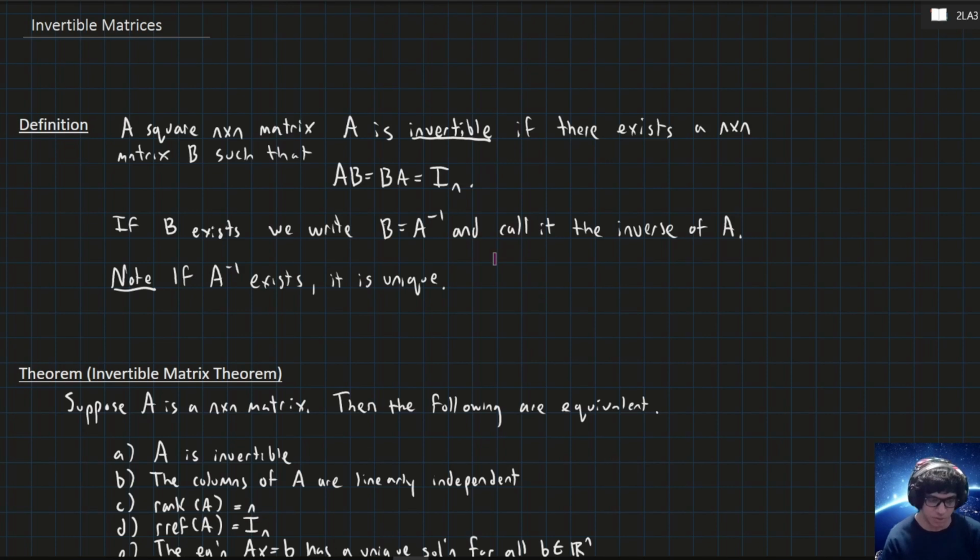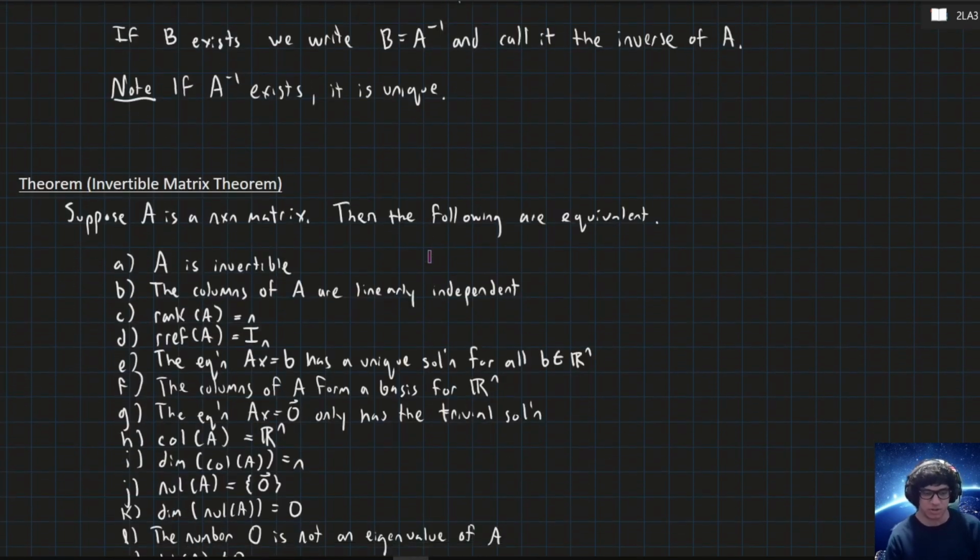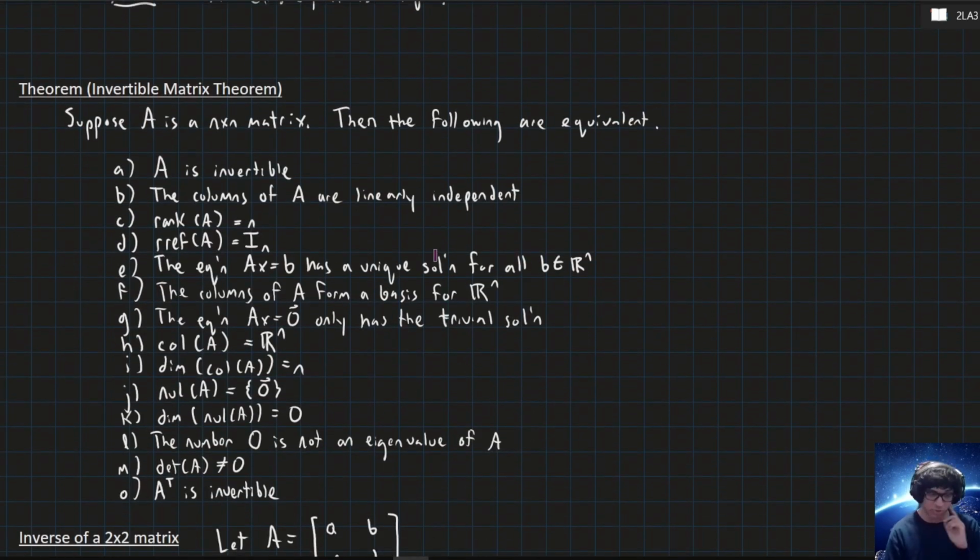Okay, so now we'll look at what's called the invertible matrix theorem. This is a theorem that thoroughly characterizes invertible matrices. It is a "the following are equivalent" type theorem, which means that for a matrix A, there are only two possibilities.